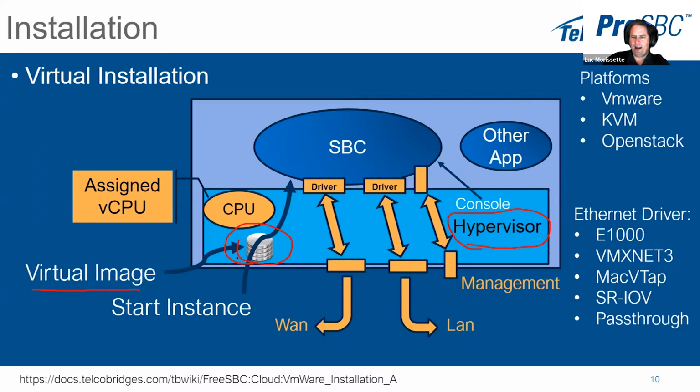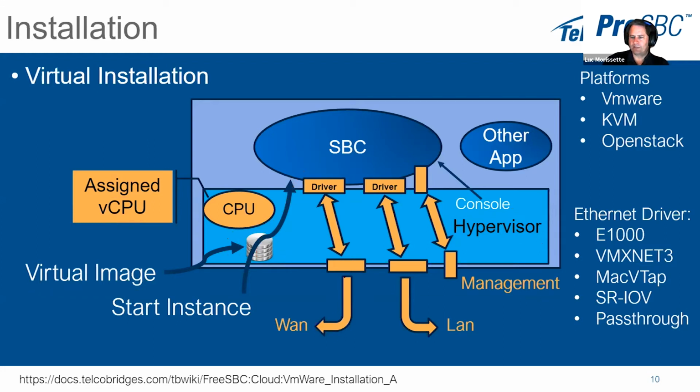That profile will say: I will assign a number of CPUs, memory, and disk space for the SBC to run. And the criteria of the instance that you start will definitely determine the performance of the system you can achieve. Okay.